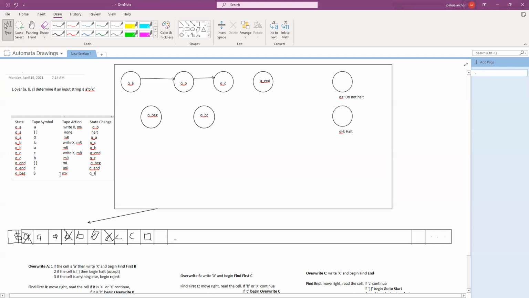If I'm in my Q beginning mindset and I see anything other than the $sign, I'm just going to keep moving left.